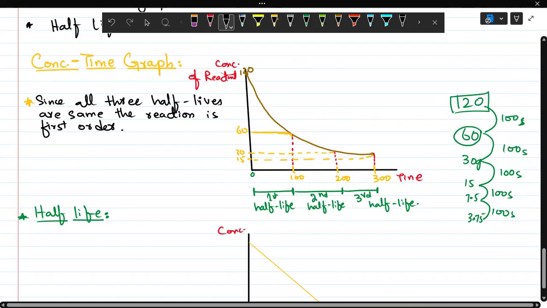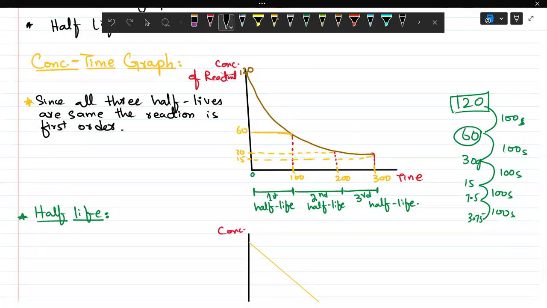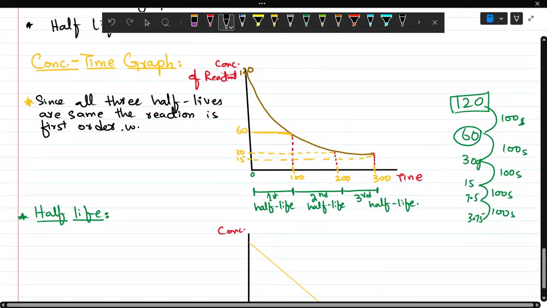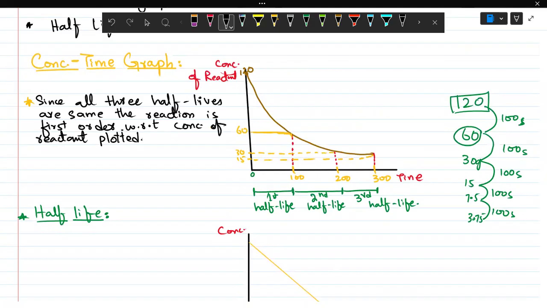Okay, is it clear? With respect to concentration of reactant, if I just put only one reactant here, it's totally depending on the one reactant.